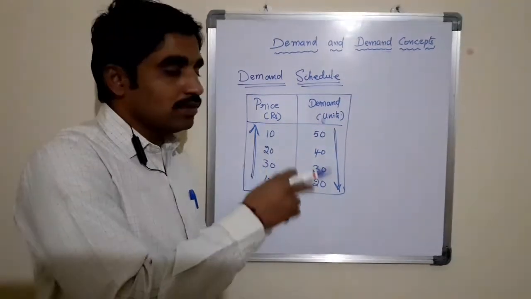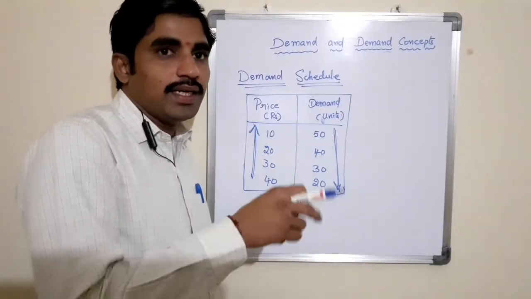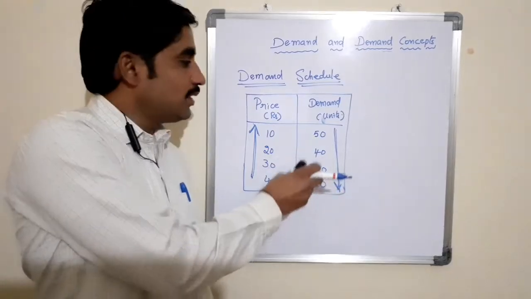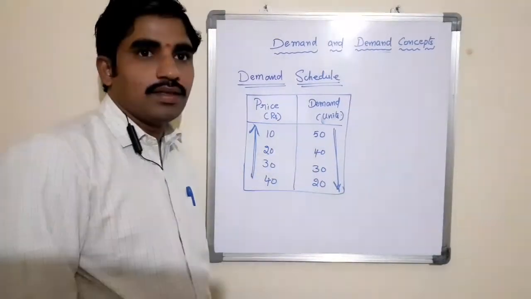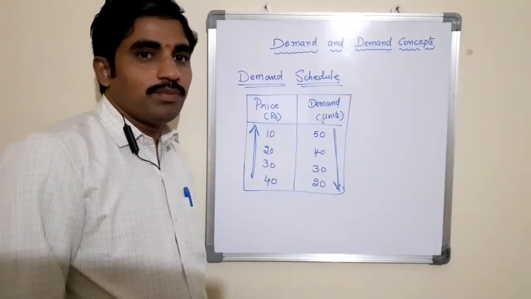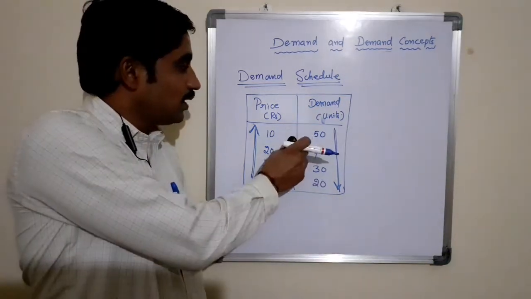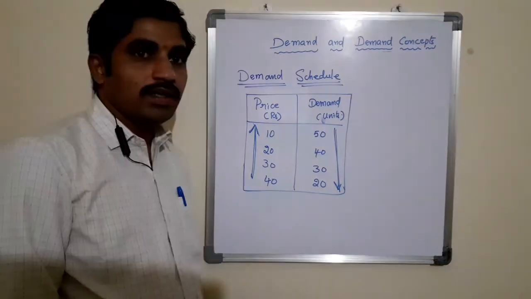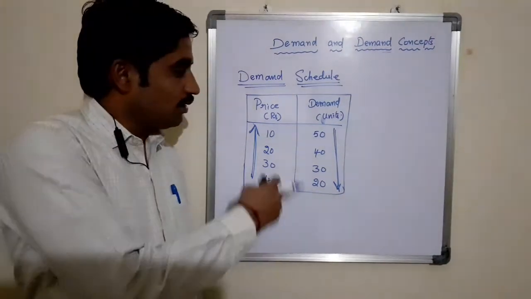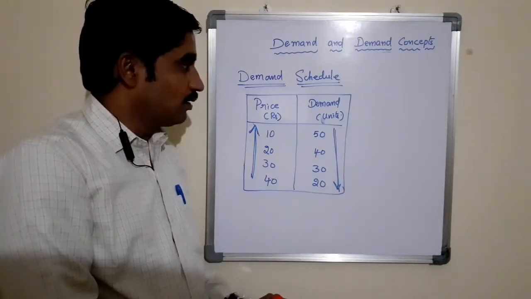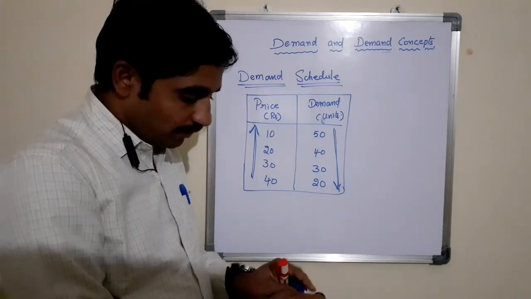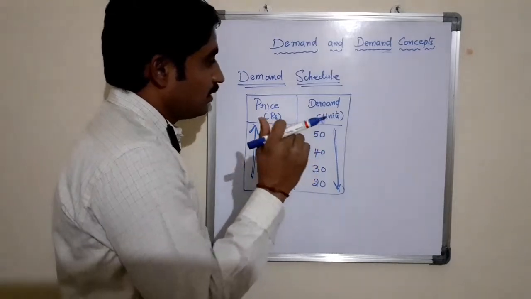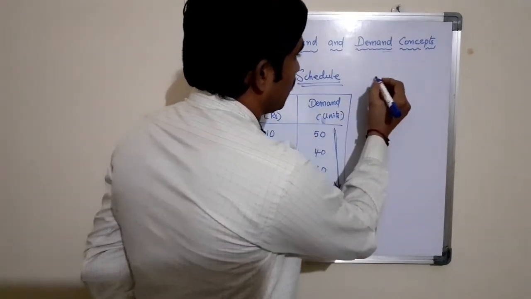So the demand curve is a graphical representation of the relationship between the price and the quantity demanded of a commodity, taken from the demand schedule. Let us see how the demand curve will flow by using this table.